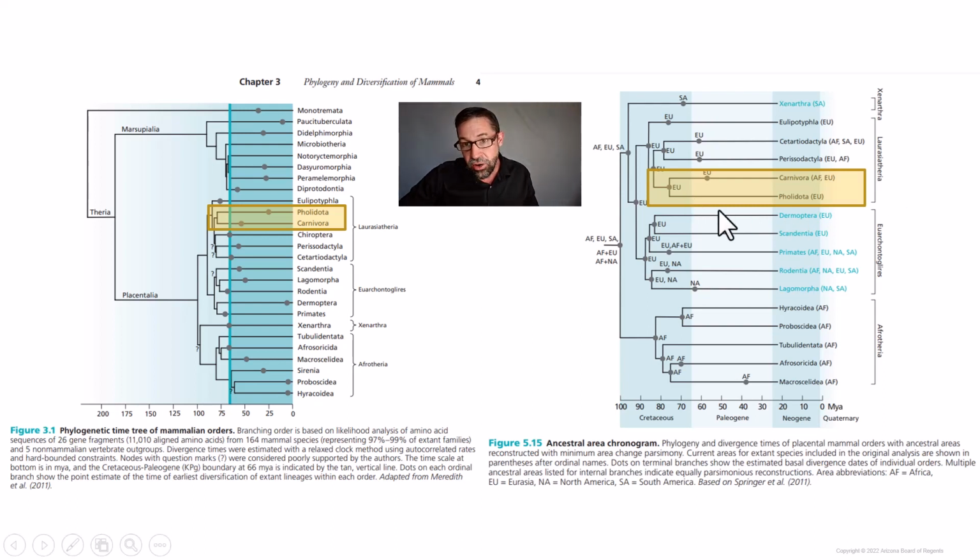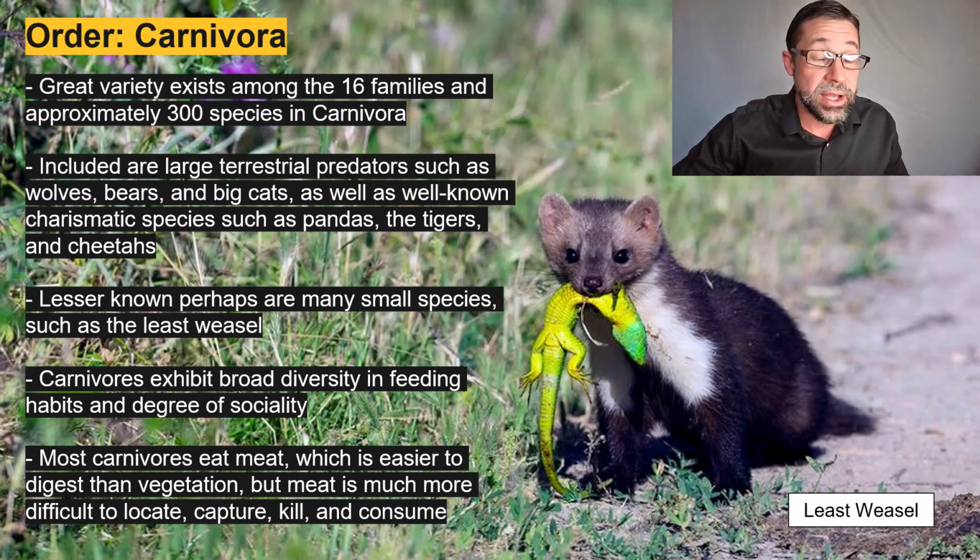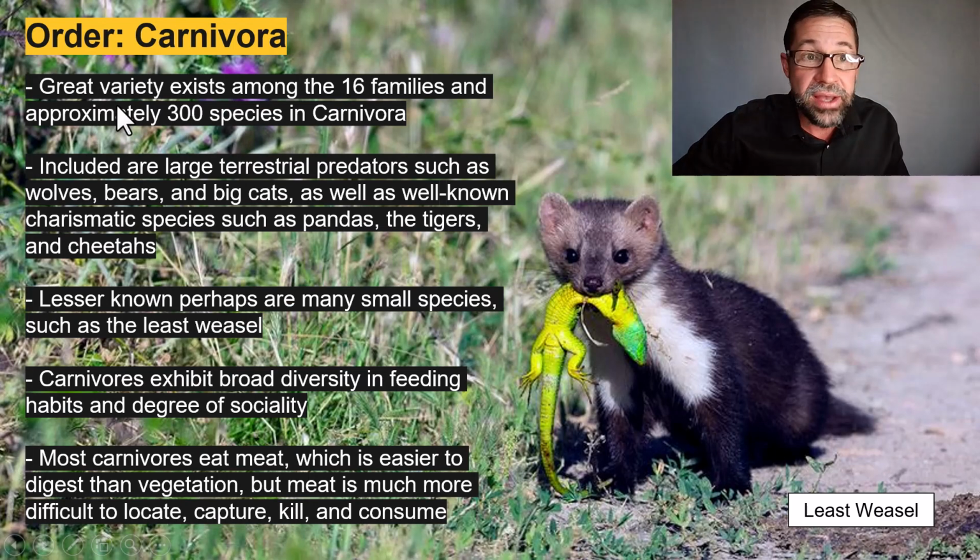They share the most recent common ancestor, some 70 million years ago, and both are part of the larger superorder that we've already started exploring, the Laurasiatheria. So right out of the gates, I need you to recognize that there is a great deal of variety, of diversity among the 16 families and approximately 300 species in the order Carnivora.